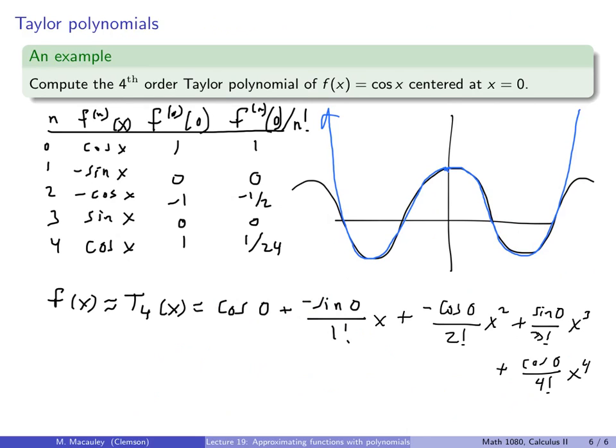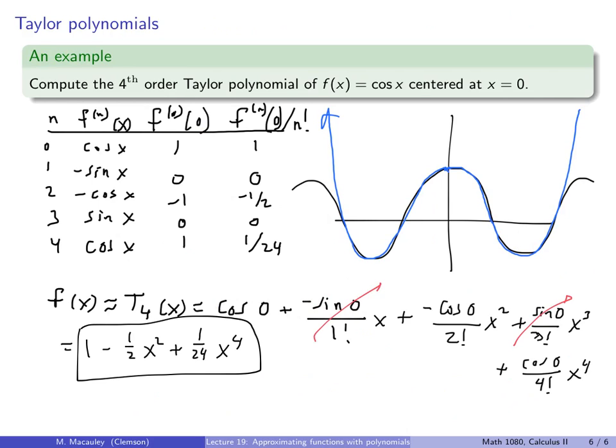Now we can go back to our little table and plug in these values. The zero terms go away, and we get 1 minus 1/2 x squared plus 1/24 x to the 4th.